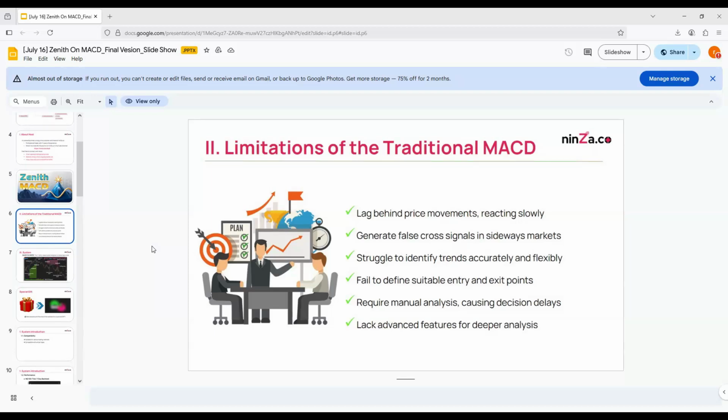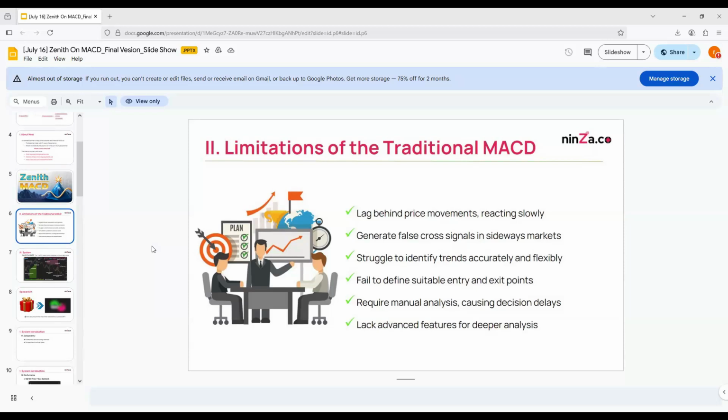I hate the word false signals. Let's just say signals that would not be profitable as trades. Because there's no such thing as a false signal. A signal is a signal. It's just that it might not be profitable. So those are the major issues with the MACD.